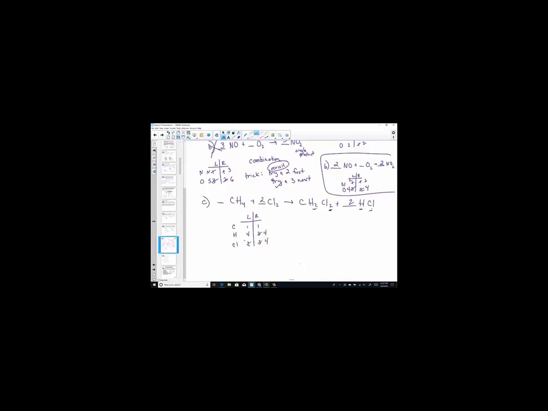We can repair the chlorines to get a total of 4. 1 carbon on each side. Check. 2 chlorine times 2. There's 4 Cl's on each side. Perfect. And then, of course, the 4 hydrogens. So here we had a coefficient of 1 molecule of methane, 2 molecules of chlorine, made 1 molecule of dichloroethane, and 2 molecules of HCl. A 1 to 2 to 1 to 2.